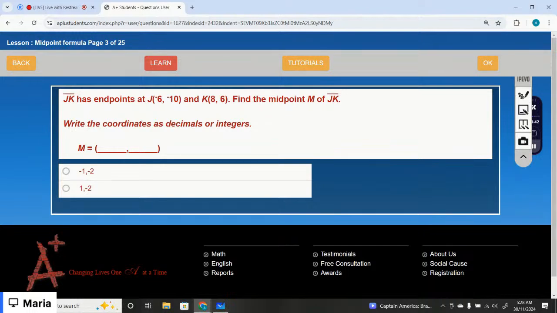JK has the endpoints J (negative 6, negative 10) and K (8, 6). Find midpoint M of JK.